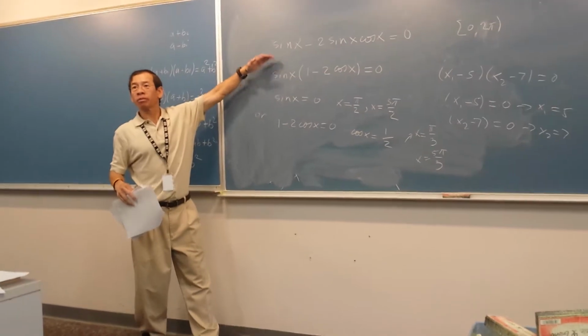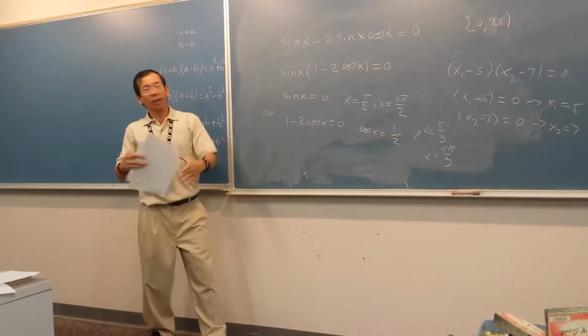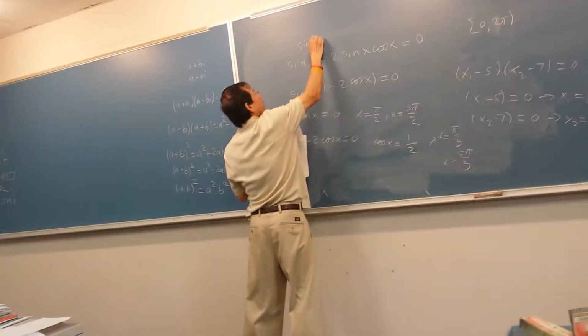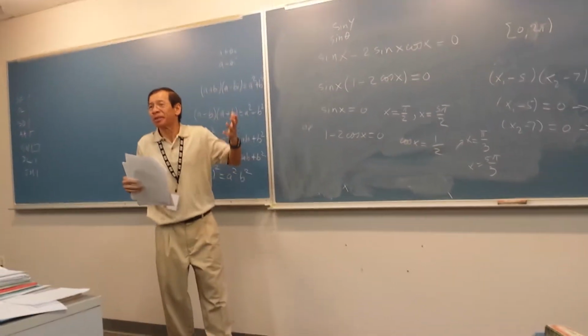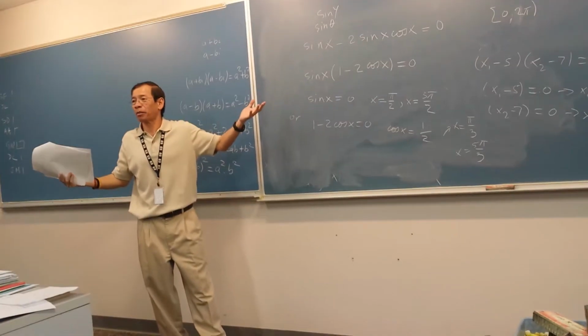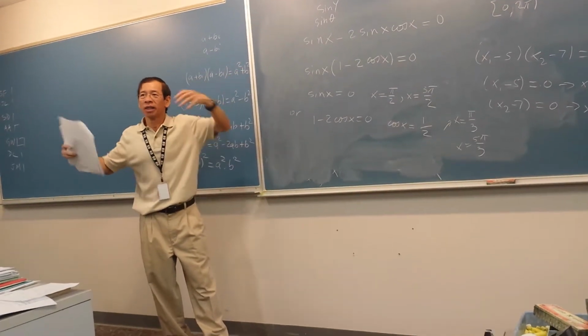Let me summarize very quickly. Once you see this problem, we know we have to solve for x. They can write it as sine of theta or sine of y, whatever, it doesn't matter, because that's the angle. X just happens to be a variable: theta, y, t, whatever.